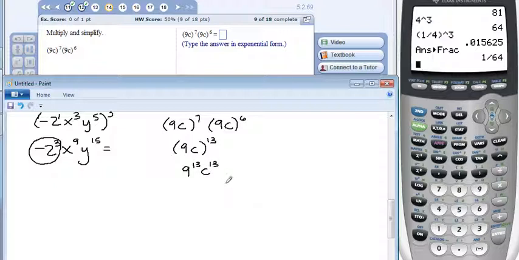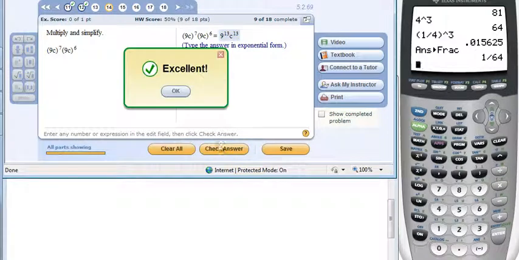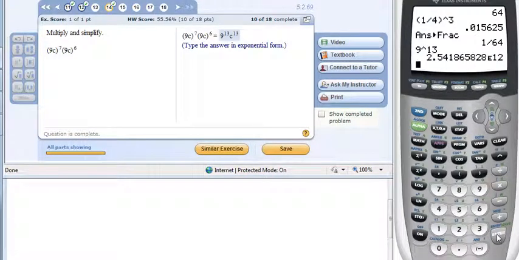That would work. And that 9 to the 13th, let's try something. Again, I'm really leery about these because I don't know how it wants it, so we should really check these out. Oh, that one's okay. Again, 9 to the 13th is too large to put that in. It won't take it. It's just such a huge number that it doesn't like that.